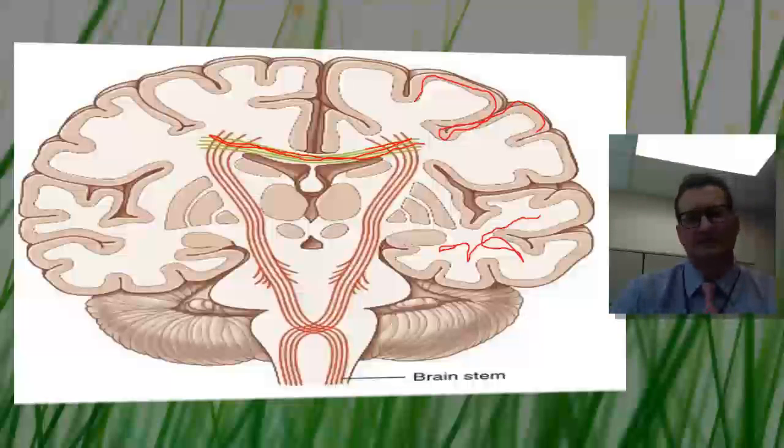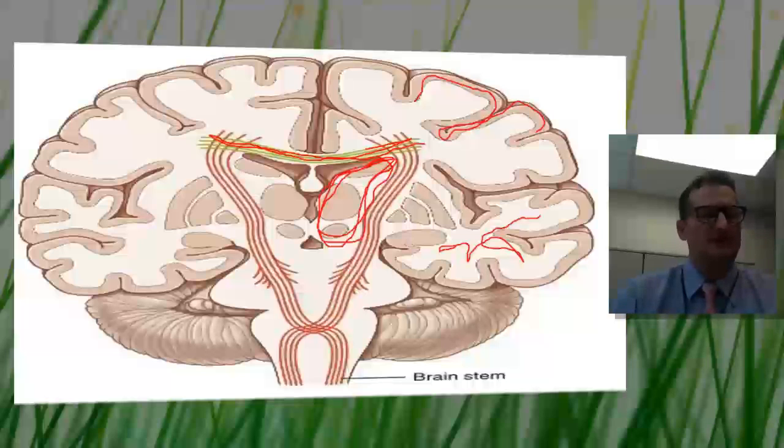The basal ganglia is this area here, right around in the thalamus region, and this is what's involved in diseases such as Huntington's disease and Parkinson's disease.